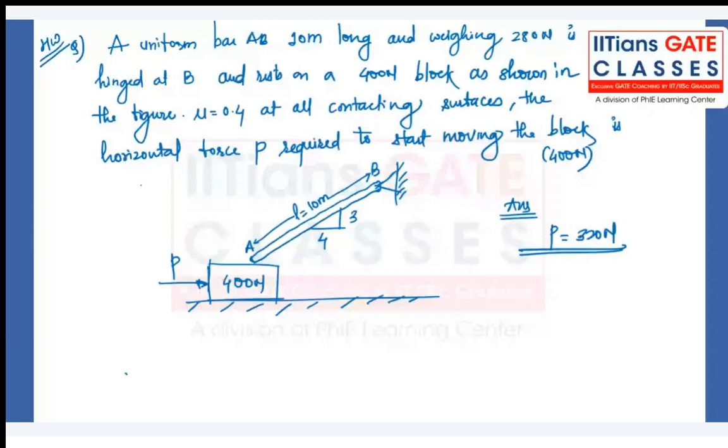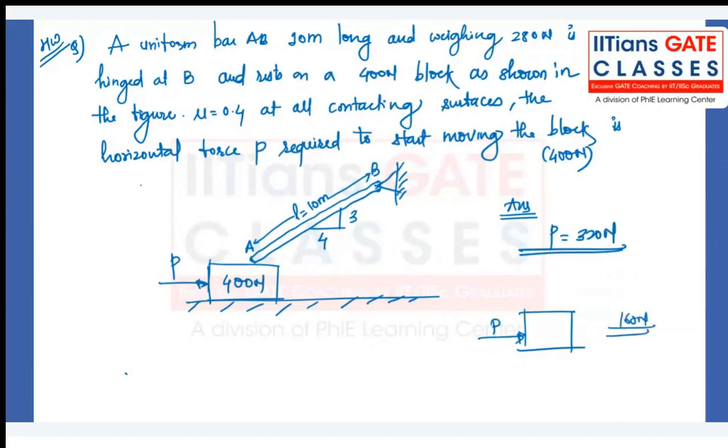So if the question is just like this without this uniform bar, how much force P do we need in order to move the block? It is 0.4 into 400, so 160 Newton force is required to move the block if this bar is not there.